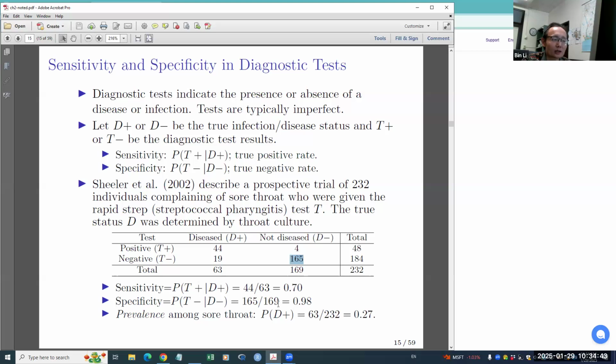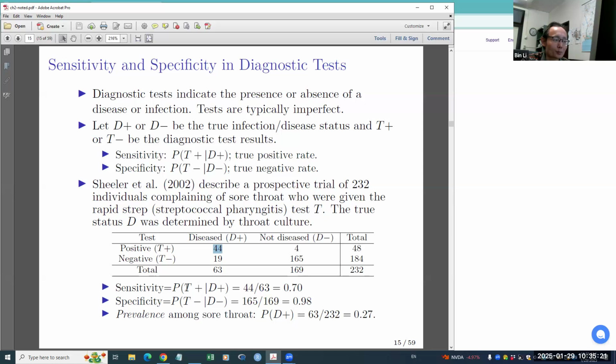So the sensitivity is what? Sensitivity is the conditional probability among all the true patients. The true patient means the subject does have the disease. So here, how many do we have with disease? We have 63. Is that right? That's the total number. So from this 63, we have 44 who got the positive test result.